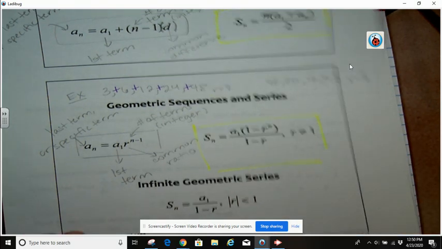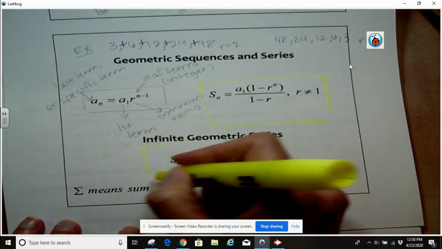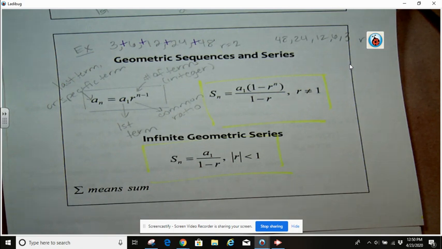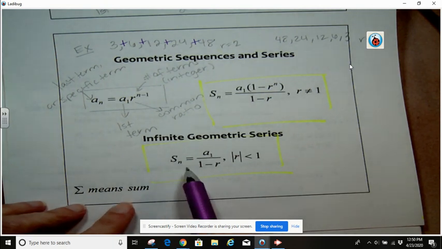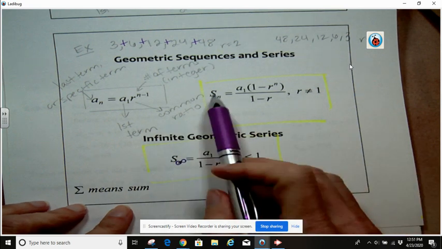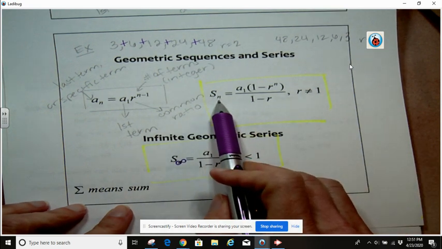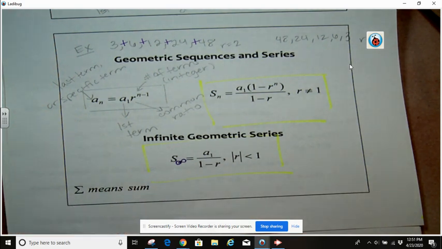Lastly, we're going to be talking about the infinite geometric series, and that is a special case and has a special formula. Usually you'll either just see the capital S or S to infinity, but if you don't see an n as a subscript or some number there, then you can assume that it is an infinite geometric series.